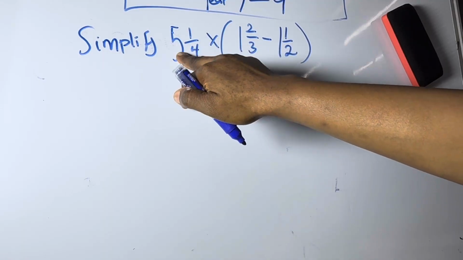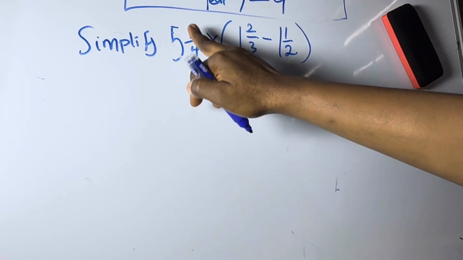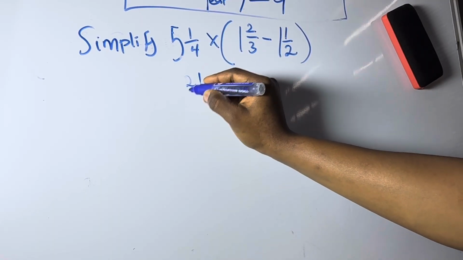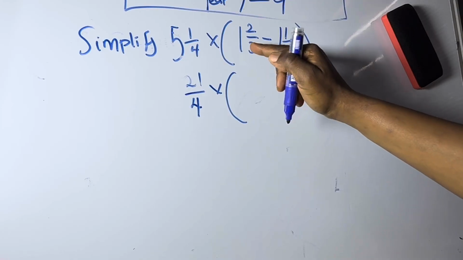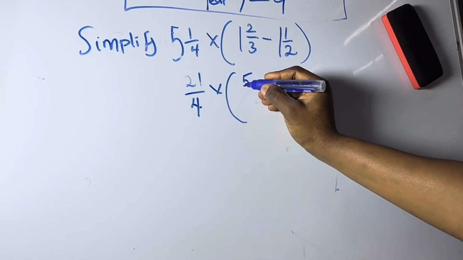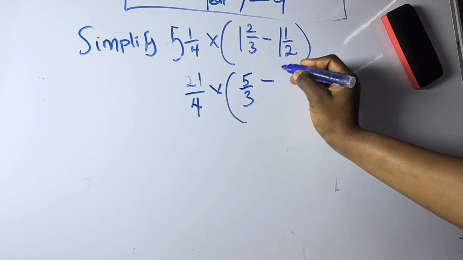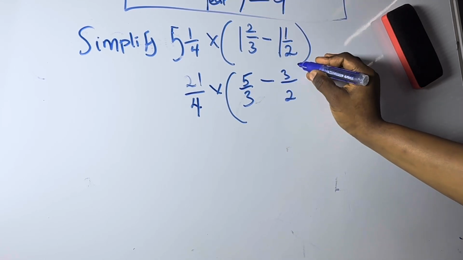Now, let's convert this to improper fraction. 5 multiplied by 4 is 20. 20 plus 1, that's 21 over 4 multiplied by 3 multiplied by 1 is 3. 3 plus 2, that's 5 over 3 minus 2 times 1, 2 plus 1, that's 3 over 2.